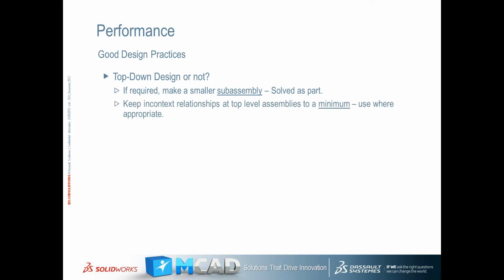Those kinds of things are going to drive up the amount of time it takes for a rebuild, or just to navigate through the assembly. So if you need to do that, maybe put it in a smaller subassembly. And the reason for that being, at the top level, that subassembly is solved as a part. So it doesn't take any additional resources to try to calculate that.